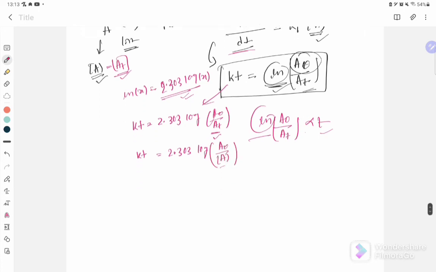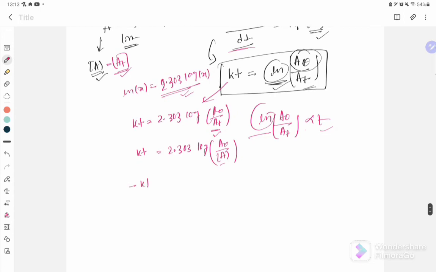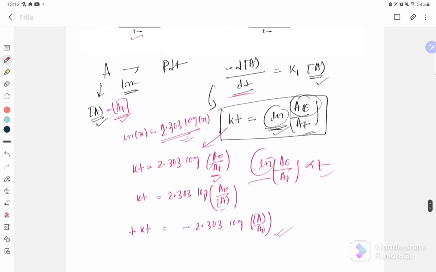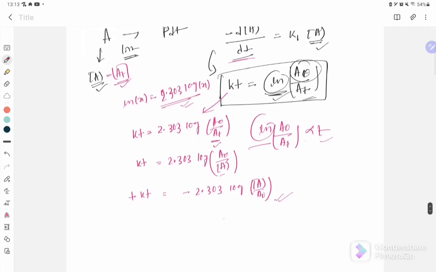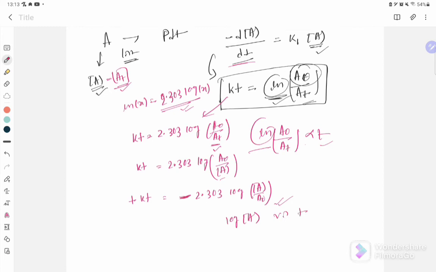So if we move terms, kt is equal to minus of 2.303 log of A by A0, that is the equation. So if we plot log A versus t, this has a negative slope.